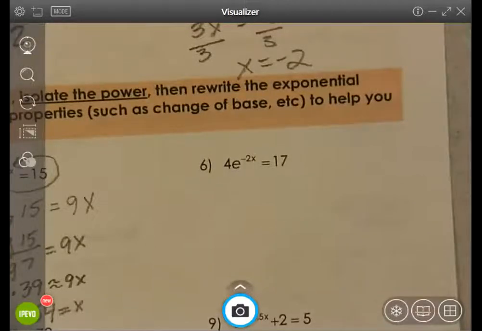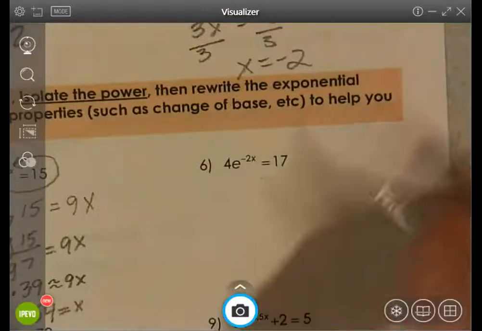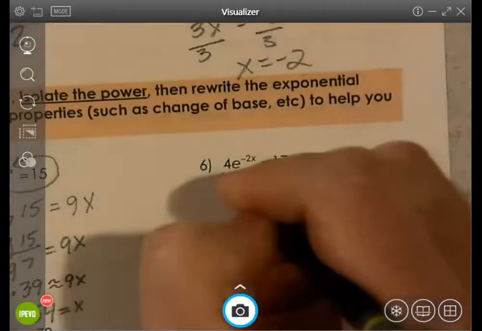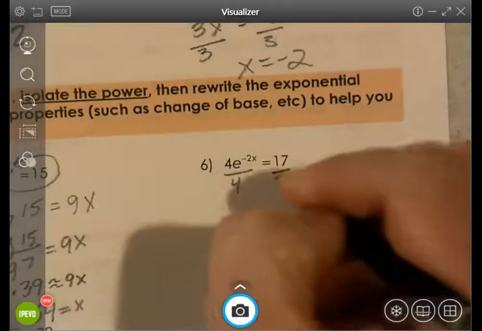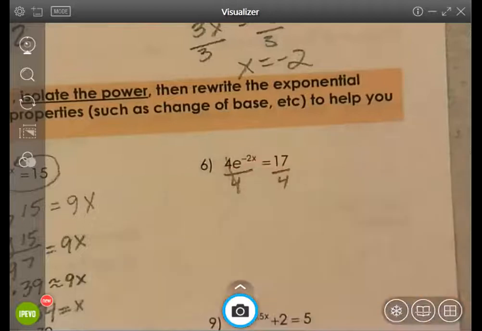So here we have 4 times e. Well, if we're going to write the logarithm, we have to get the base all by itself first. So we have to get rid of the coefficient, so divide by 4.